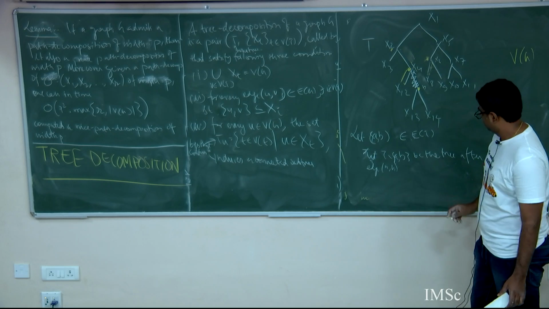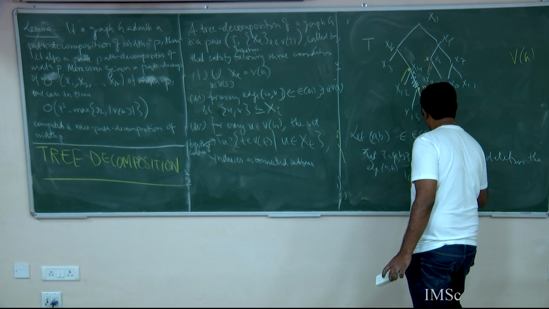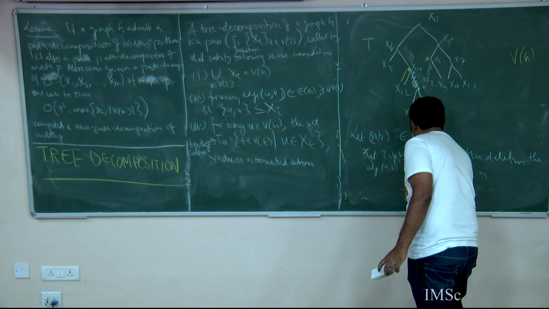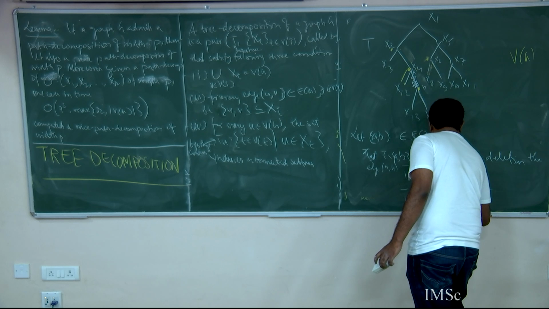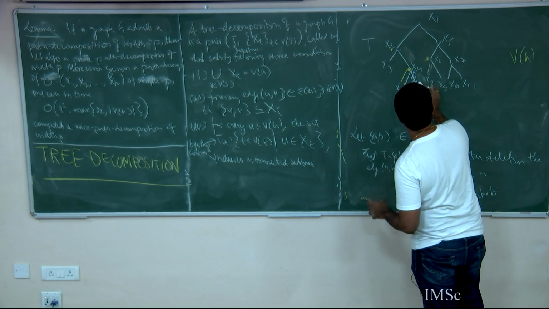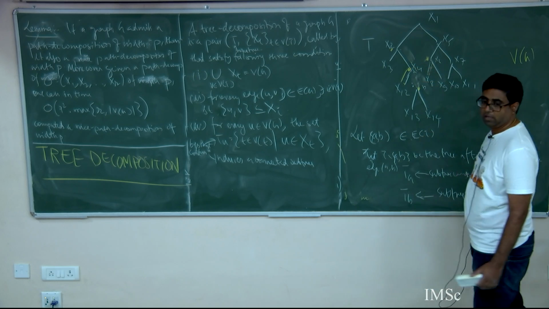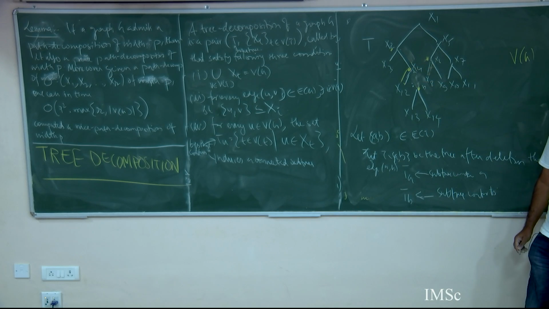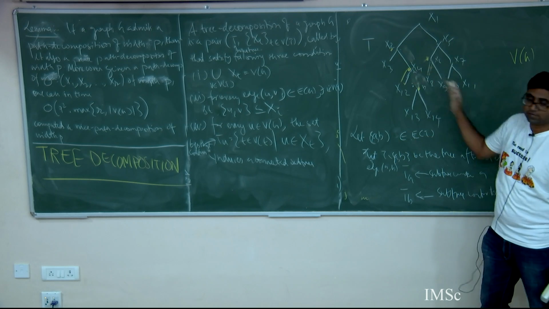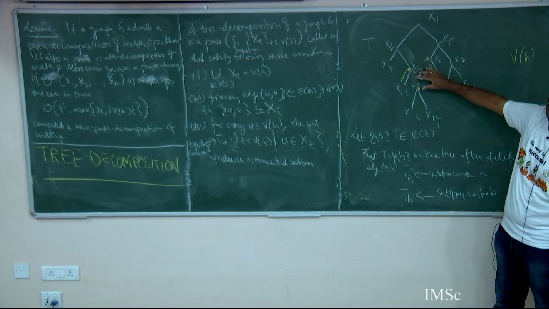Now let us call TA the subtree containing A and TB the subtree containing B. So for example, here this is my A, this is my B. Look at all the vertices here and all the vertices here. There is an intersection between them.